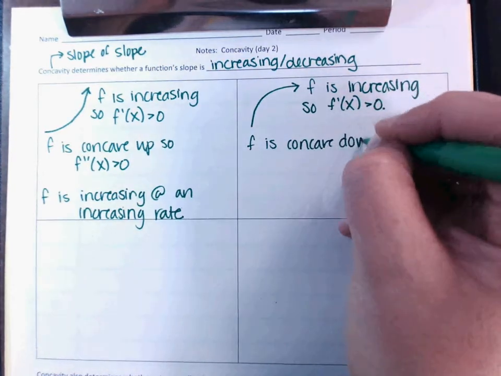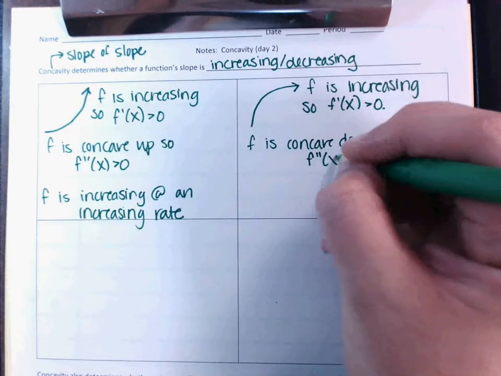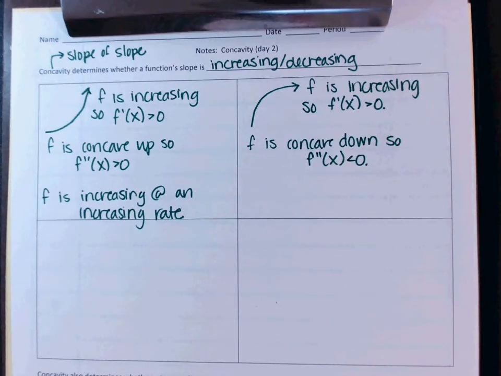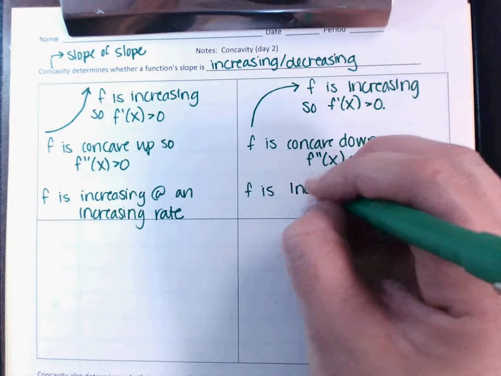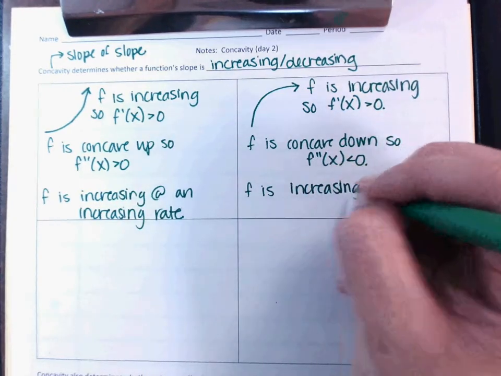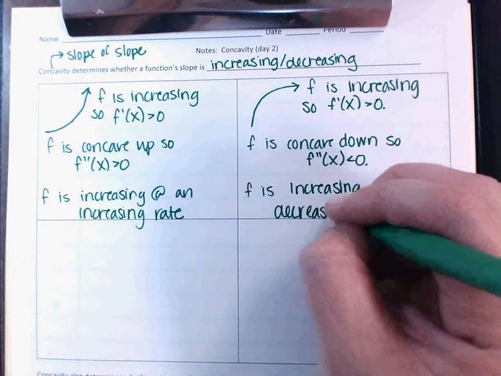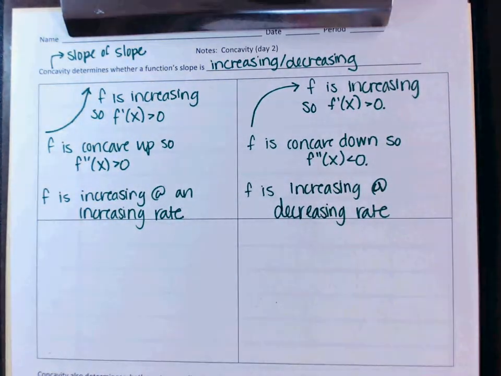And if it's concave down, then what do we know? F double prime is less than 0. Okay, so you would say that f is increasing at a decreasing rate. So it's increasing, but its slope is getting smaller each time.